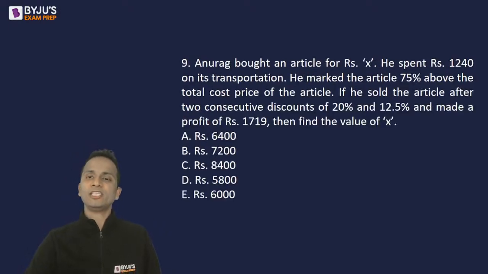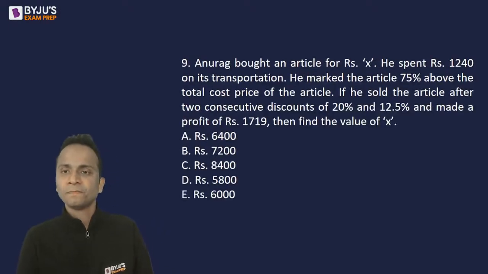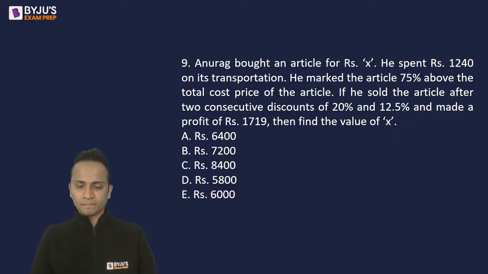Let's look at our next question, question number 9. Now, question number 9 is a good one. It's just the way you solve this question that will decide how much time you are going to take. Okay, the question is very simple. Anurag bought an article for rupees X and he spent 1240 on its transportation.